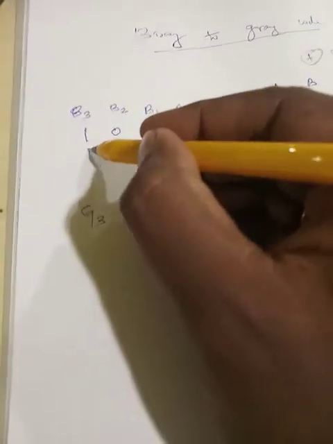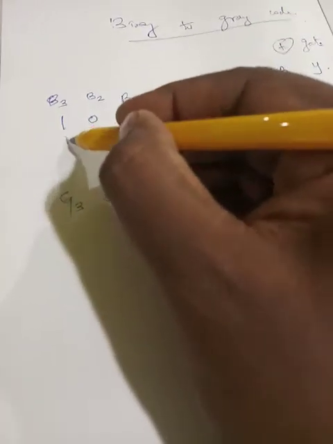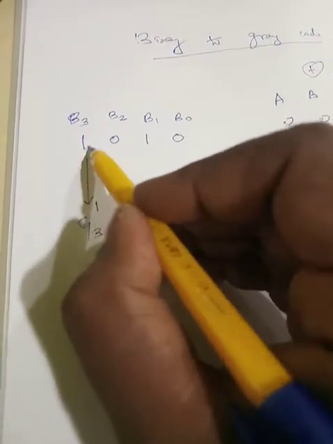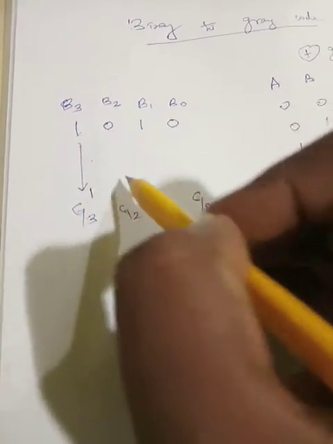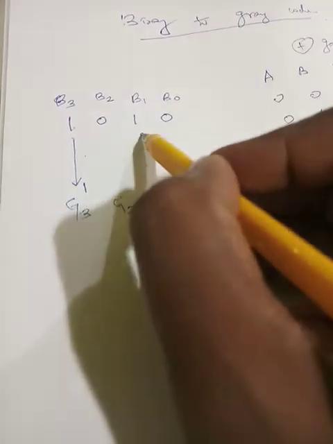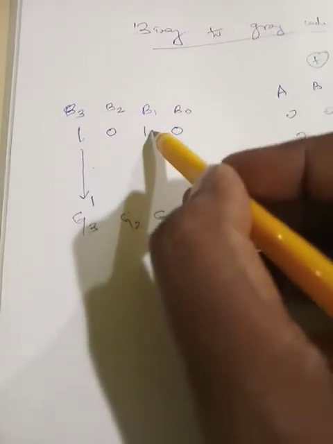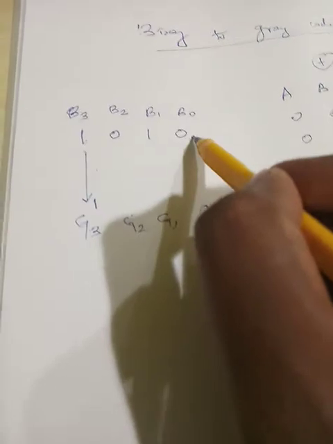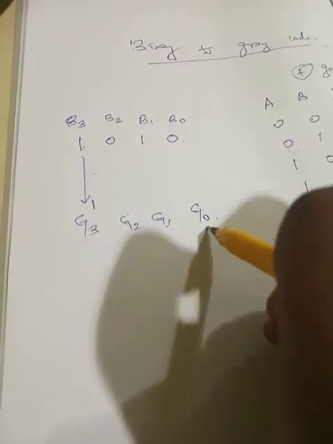So how can we convert? G3 will be as it is: whatever B3 is, you write the same thing, 1, right? Then you take the XOR of B3 and B2, and your result will be G2. The XOR of B2 and B1 will be G1, and the XOR of B1 and B0 will be G0.